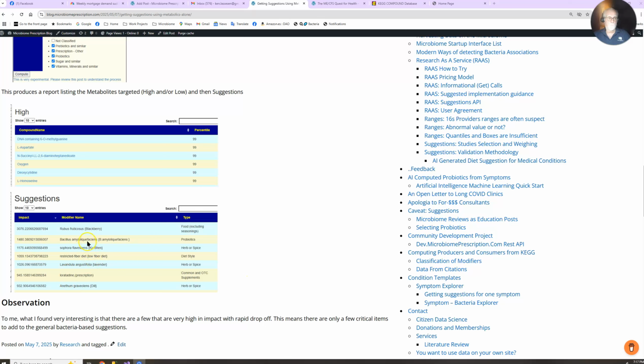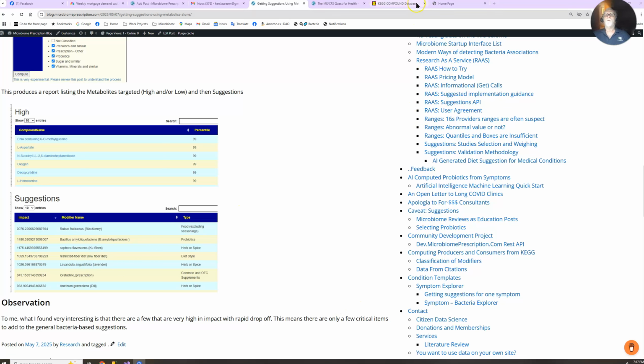Then we have a probiotic, and then a Chinese herb or spice, which may be a bit of fun trying to get. Then low fiber diet is the other thing, and lavender. And then we have Loredin and other things. As usual, you can type in a word there, like for example herb, and go through. So let's walk through actually doing it.